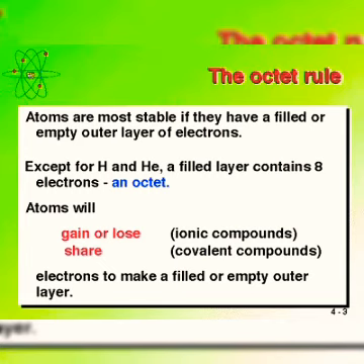Atoms will gain or lose or share electrons to form different compounds like ionic compounds and covalent compounds, and they are joining together to form compounds in order to make a filled or empty outer layer so that stability is attained. So the elements have high reactivity depending on the valence electrons present in that respective element.